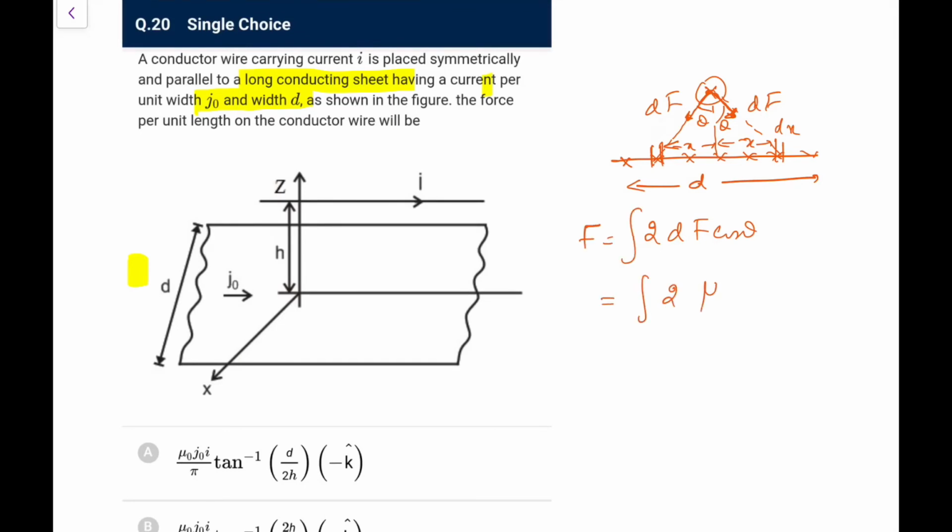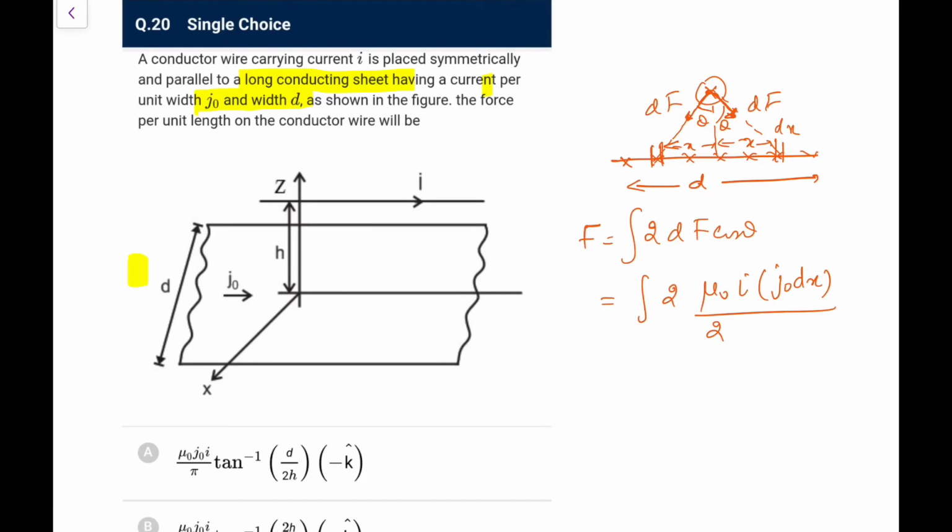Now 2 df we can write per unit length, by default I am taking per unit length. So it is mu naught I1 I2, where the first one is I, and the second one is j naught into dx. Because it is an infinite wire, it would be mu naught I1 I2 upon 2 pi d, that is the result that you typically use.